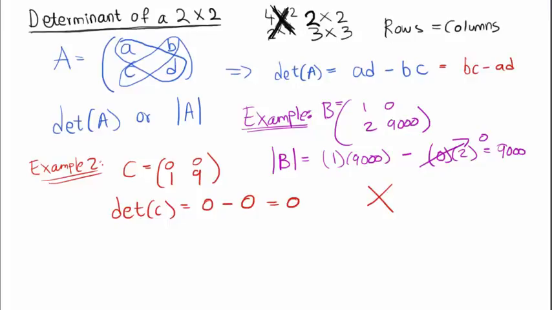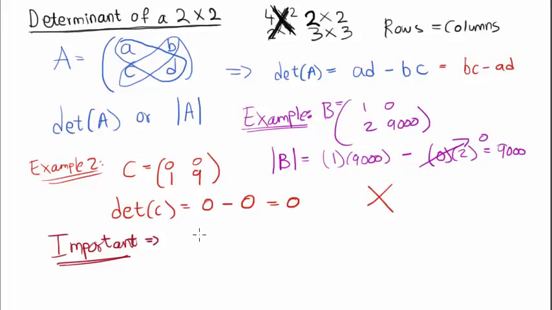One key property that I would like to say is very important, so important that I'm going to put it in red. It isn't important right now because you don't know how to find the inverse of a matrix, but in order to figure out the inverse of a matrix, one of the first things we need is the determinant.